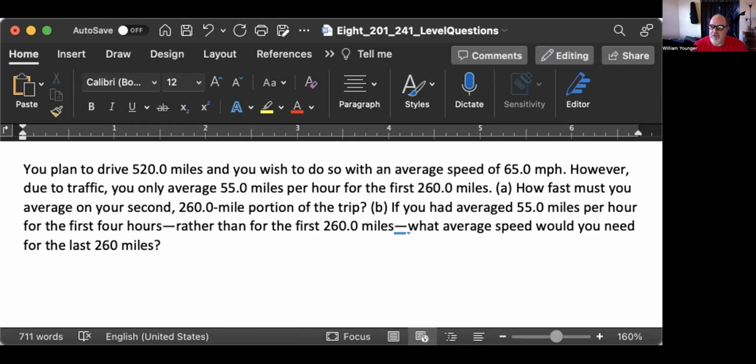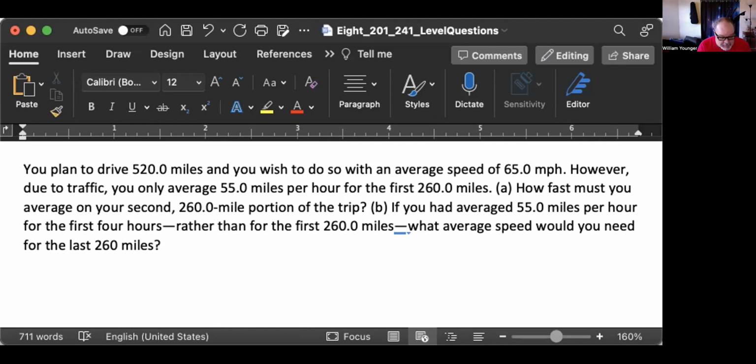I'm going to quickly write down the key data on my iPad. Again, this is a big part of physics: making sense of numbers they give you, or recognizing things that are implied, and giving them the appropriate symbols so that they match what you've learned about in your physics class. So in this case, the total trip is 520 miles.